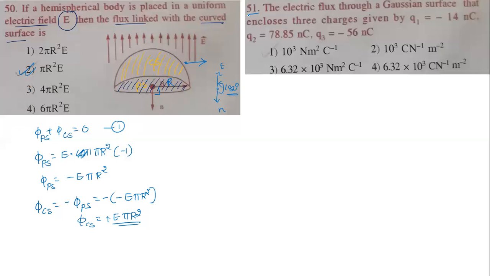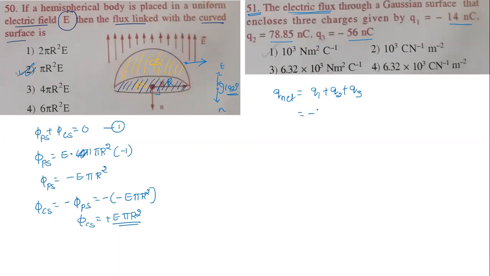Question number 51 says: the electric flux through a Gaussian surface that encloses three charges, minus 14 nanocoulomb, 78.85 nanocoulomb and minus 56 nanocoulomb. Now we need to find the electric flux, right? So let us find the net charge, which is the sum of these three, Q1 plus Q2 plus Q3.